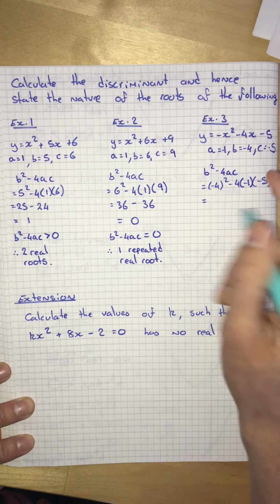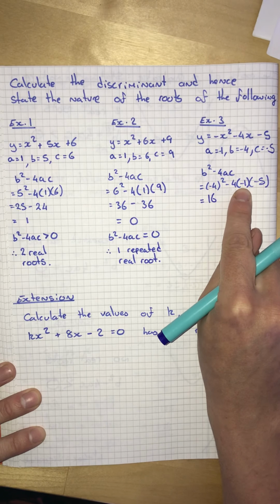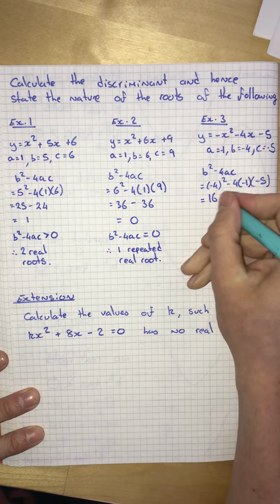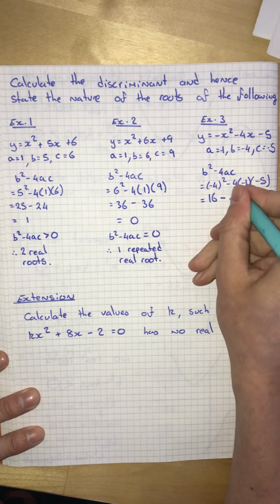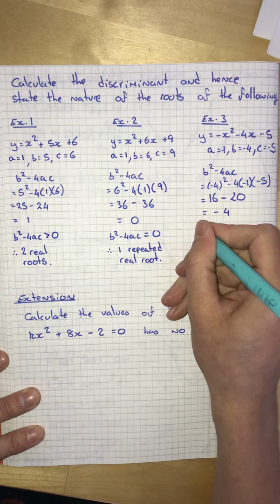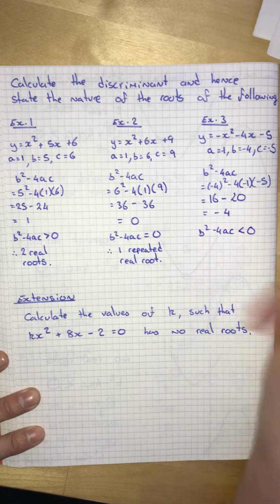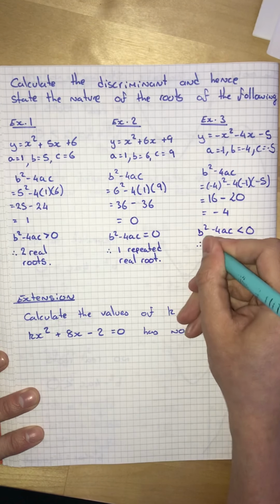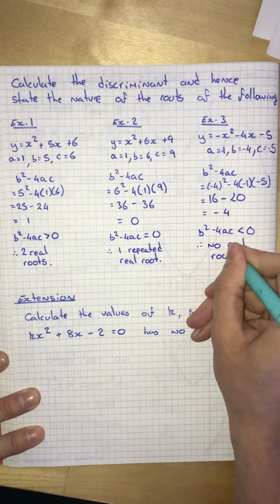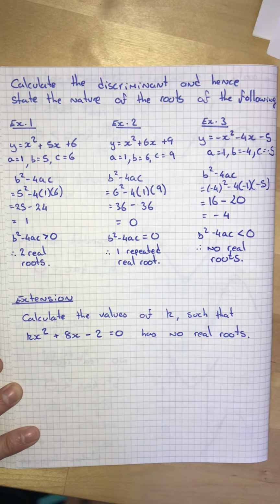Negative 4 squared will give us 16. 4 times negative 1 is negative 4, times negative 5 is 20. So it becomes 16 minus 20, which is negative 4. And there we have b squared minus 4ac is less than 0. Therefore, no real roots.